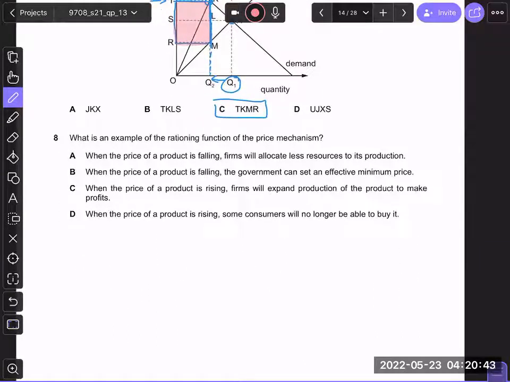Agaji, what is an example of a rationing function of the price mechanism? Like price acts as a rationing mechanism. They allocate quantity.